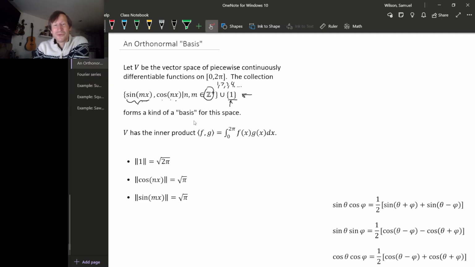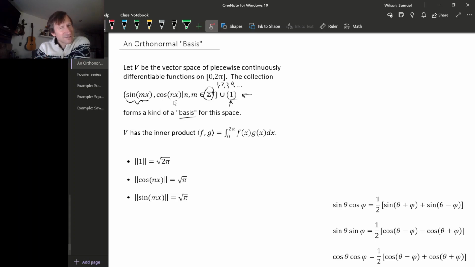So you might wonder, in what sense does it serve as a basis for this vector space? Is it a basis in the usual sense? And the answer is no, because not every piecewise continuously differentiable function is a linear combination of finitely many of these functions. So this is a slightly different flavor of basis, where we allow ourselves to take infinite linear combinations of these basis elements.